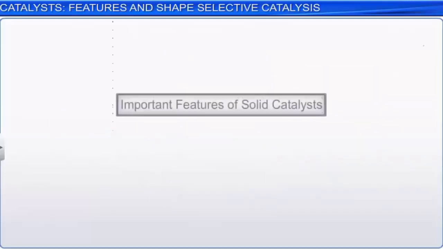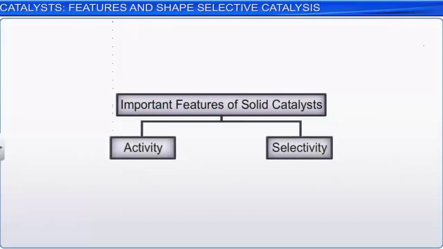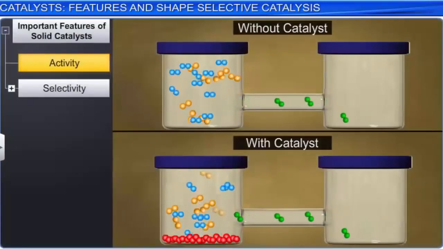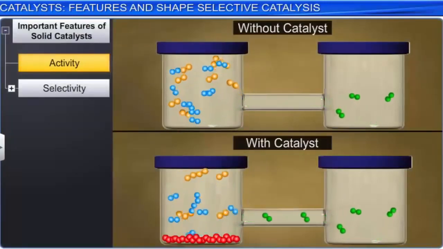However, two important features that govern the choice of a solid catalyst for a particular reaction are activity and selectivity. Let us first discuss the activity of a catalyst. By activity of a catalyst, we refer to its capacity to increase the speed of a chemical reaction.